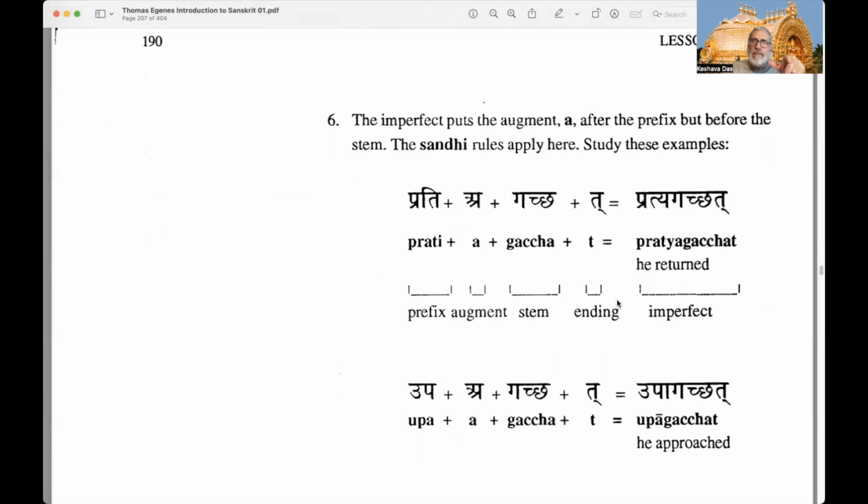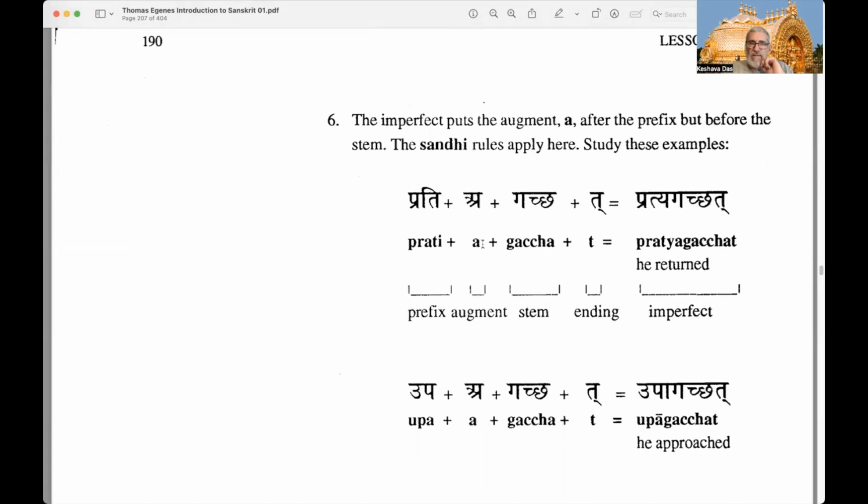So the imperfect puts the augment a after the prefix, but before the stem. If there's a prefix involved and you want to put that verb in the imperfect, you have to put the augment before the stem but after the prefix, the upasarga.